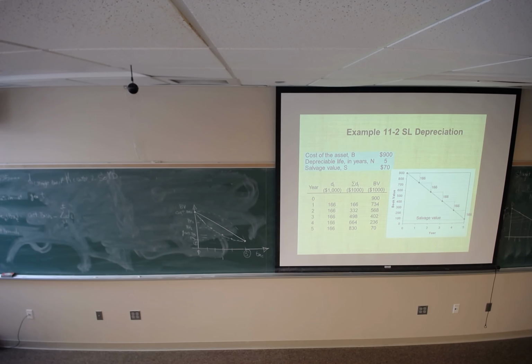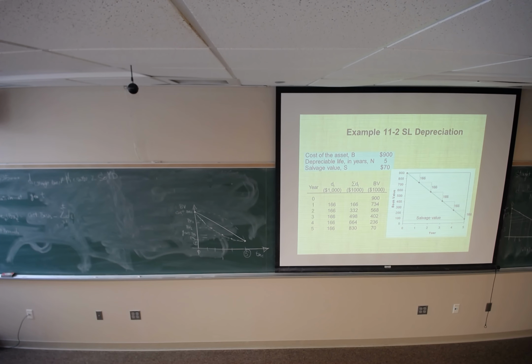Sum of the years digit says, first look at the depreciation life, whatever that is, it's 5 here. Then add the number of years up to the depreciation life: 1 plus 2, 3, 4, 5.